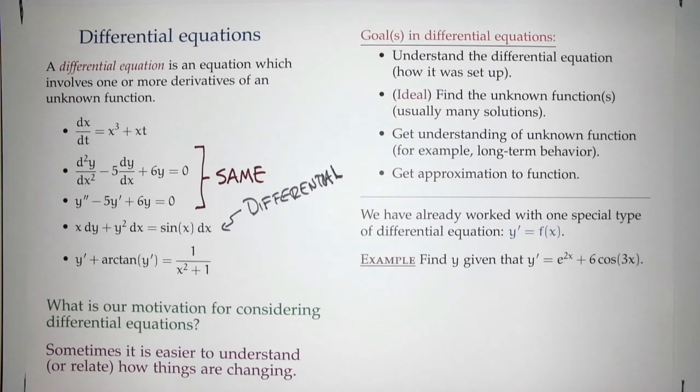You'll notice we say ideal. It's hard to do in general. It's super easy to write down a differential equation you can't solve. In fact, I would say it's much easier to write down something you can't solve than it is to write down something you can solve. You might leave this class thinking, every differential equation can be solved. No, not even close.